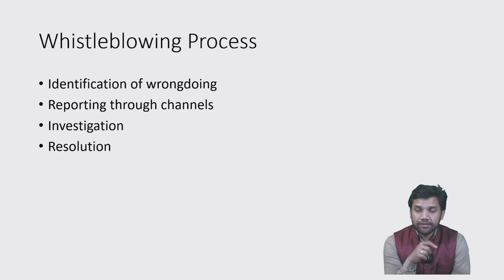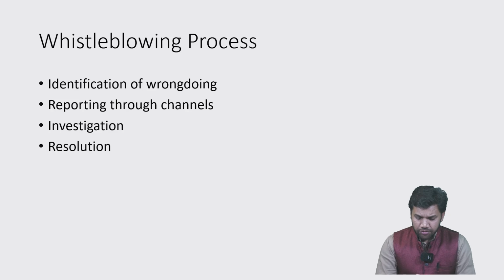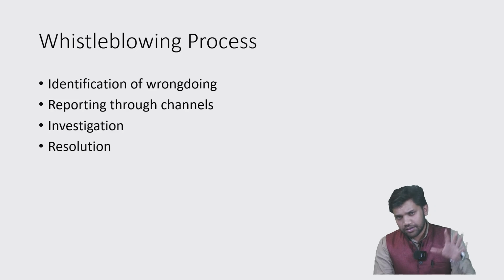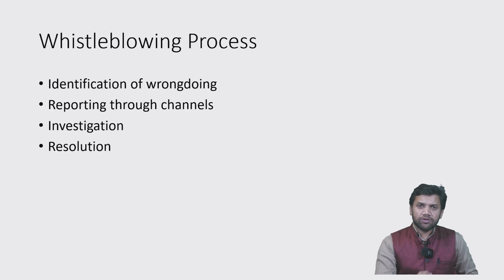That is why I discussed in the first point that the complainant must be very confident about the wrongdoing happening in the organization. The investigation involves gathering information and evidence, analyzing the available data, and examining the facts and figures to determine whether the misconduct has occurred or not.